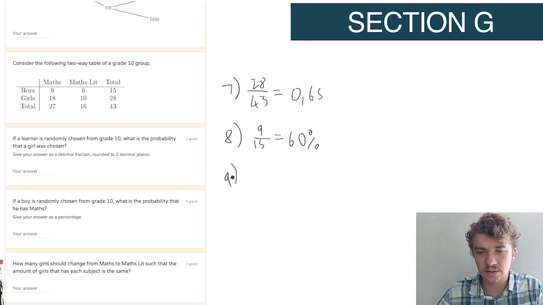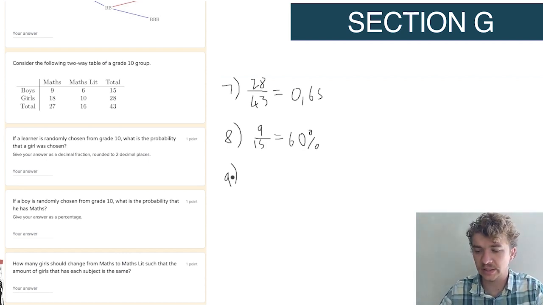How many girls should change from maths to maths literacy such that the number of girls that have each subject is the same? At the moment there are 18 girls that have mathematics and 10 girls that have mathematics literacy. To get them the same, we want 4 people to change over.